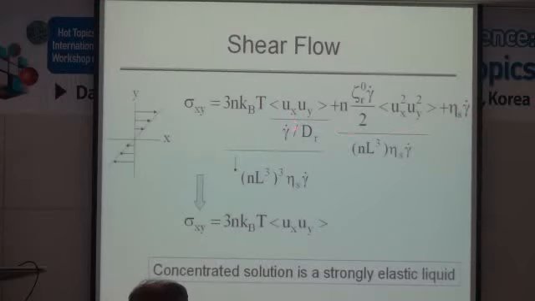But if we plug in this u_x u_i, this orientational part is essentially given by gamma dot divided by the rotational diffusion constant, and this D_r is now much less than that in a dilute solution, and therefore this term is the dominant term.